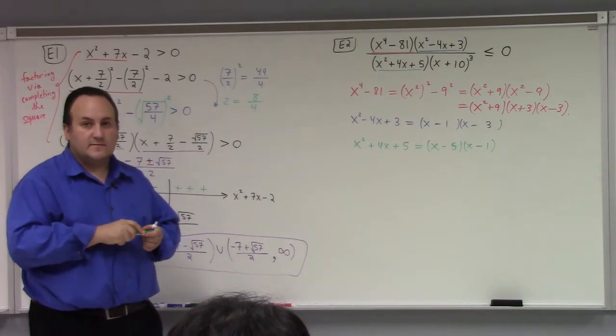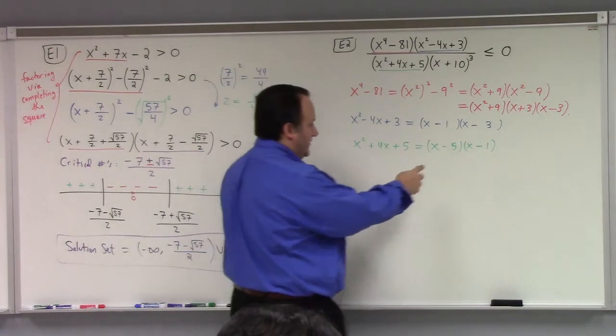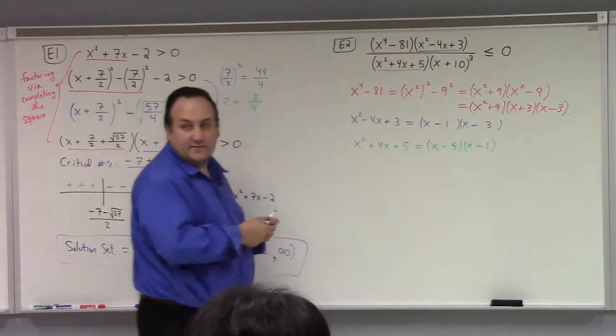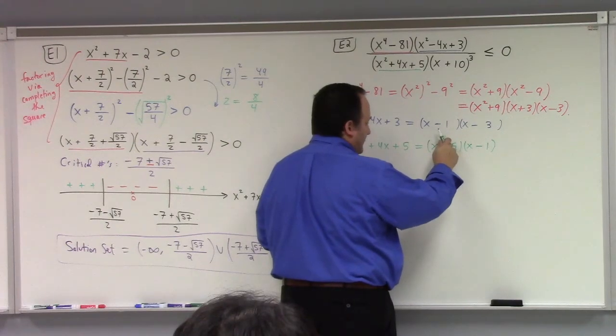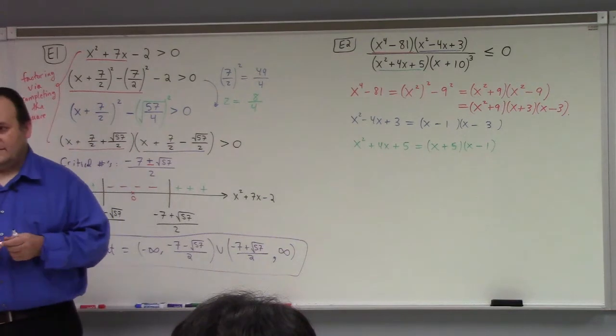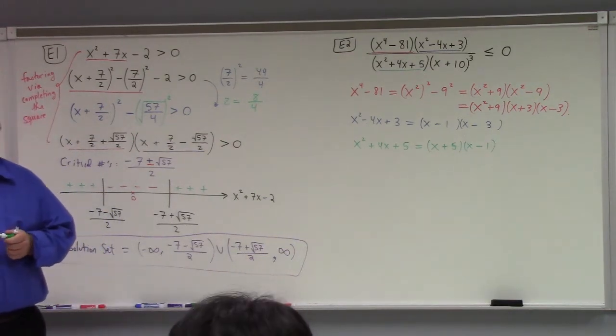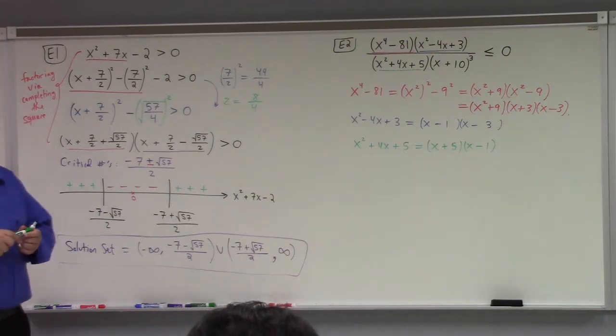What should we do? Plus 5 minus 1. Again, that doesn't work because that will give you minus 5 here, not plus 5. If you fix the middle term, you lose the last term. If you fix the last term, you lose the middle term. So is it unfactorable? Right, yeah, this one's prime.